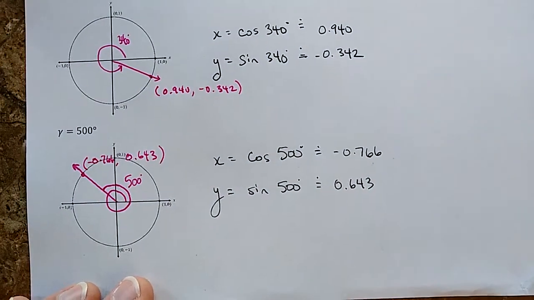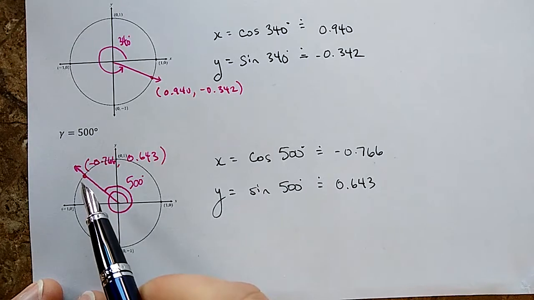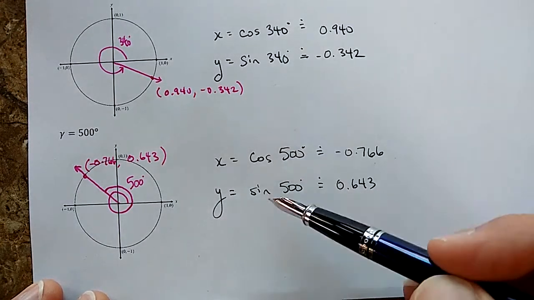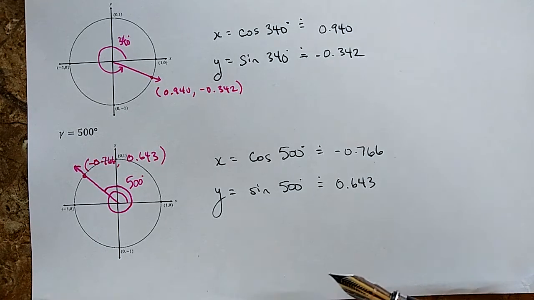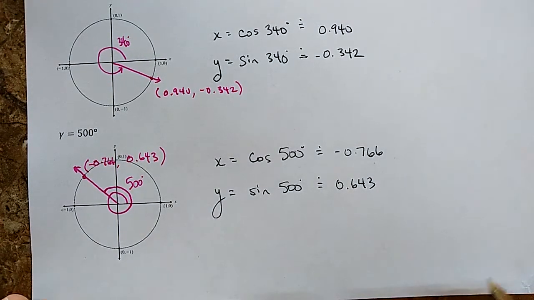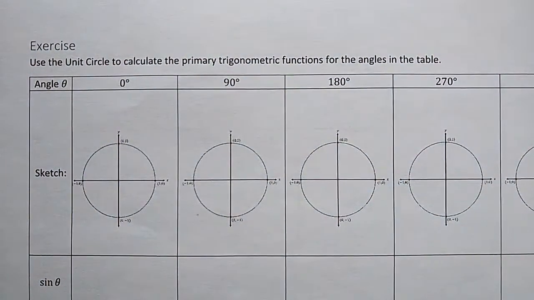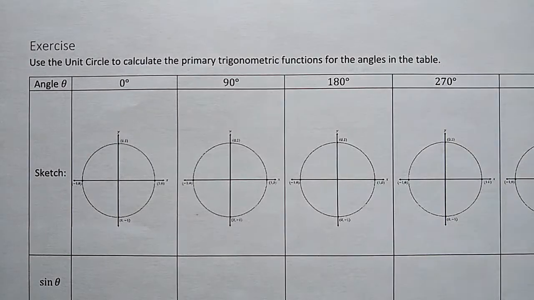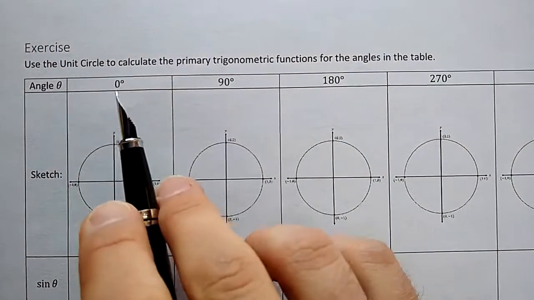So the terminal arm is what decides what the sine and cosine are and decides this intersection point. And so the sine and cosine of 500 are the same as the sine and the cosine of 140. And we're going to use that fact later when we are solving trigonometric equations. Okay, let's start working on using the unit circle to find the primary trig functions for each of these angles.